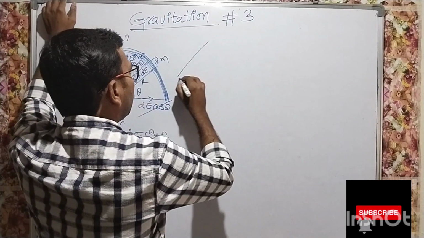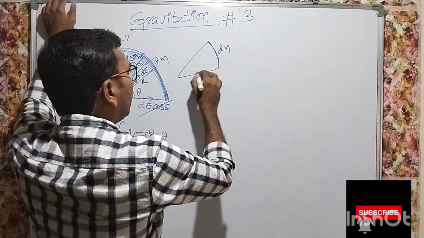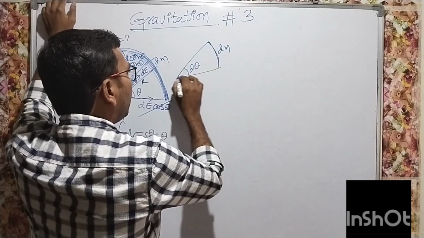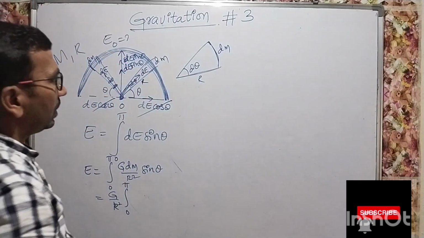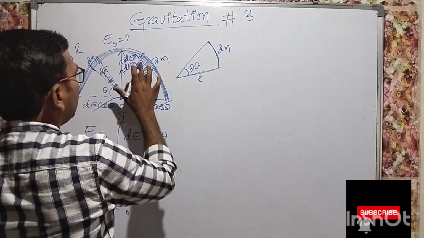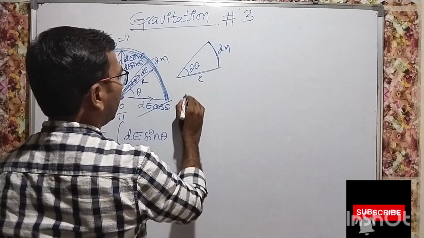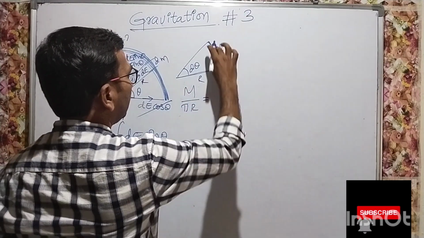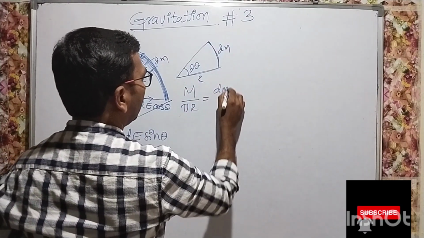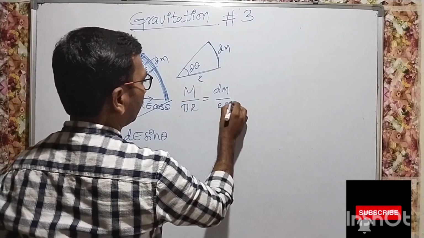I will consider this a small arc. So this is dm, this is d theta, and this radius is r. Here the total mass of this ring is capital M, and its length pi r corresponds to the total mass, and the small dm corresponds to r d theta.